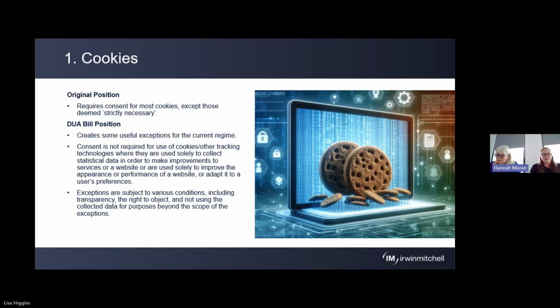It's hoped that the amendments to the cookie rules will allow organisations to more easily collect statistical information to improve websites and services, but also to reduce cookie consent fatigue by hopefully reducing the frequency of cookie banner pop-ups every time you click on a website.